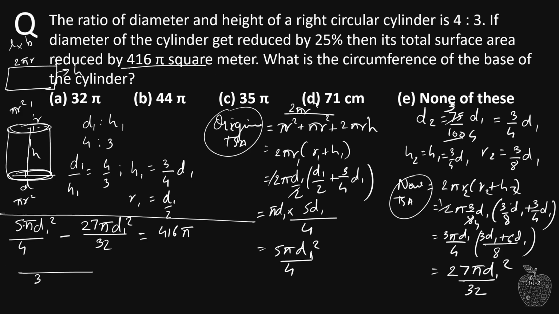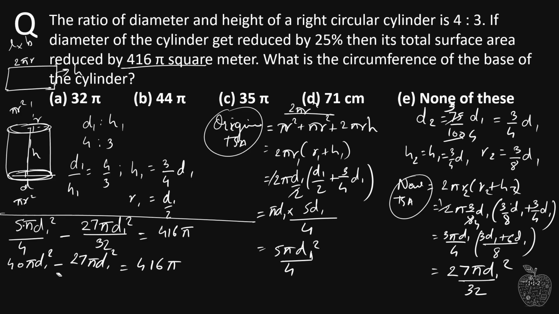So we get LCM as 32, and 4 8s are 32 and 8 5s are 40. So 40 pi d1 square minus 32 ones are 32 and 27 pi d1 square is equal to 416 pi. Now this 32 will go to the right hand side and get multiplied.